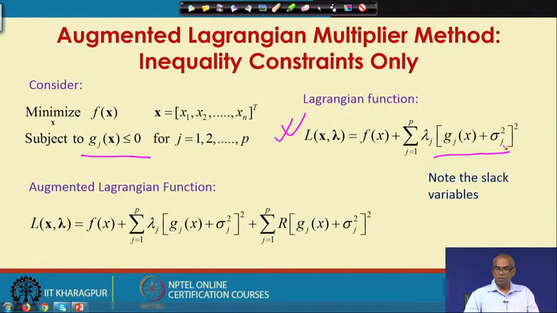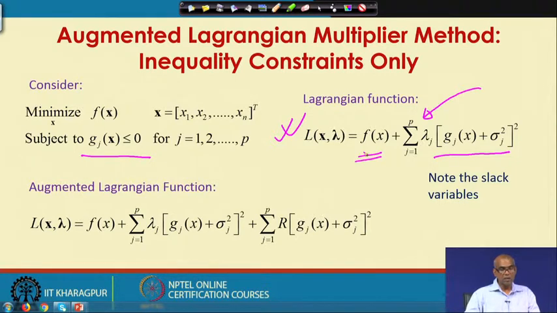Then for each converted equality constraint we define a Lagrange multiplier and take their product, sum them up and add to the objective function f x. So, you have the Lagrangian function.